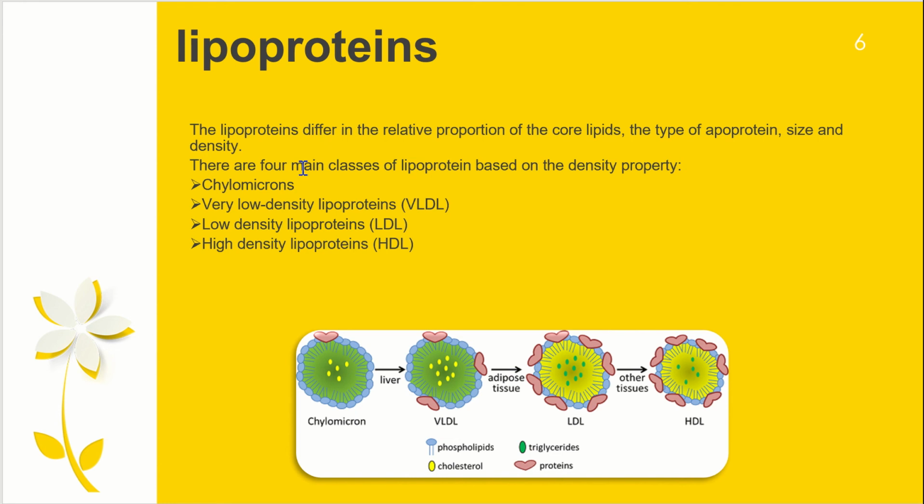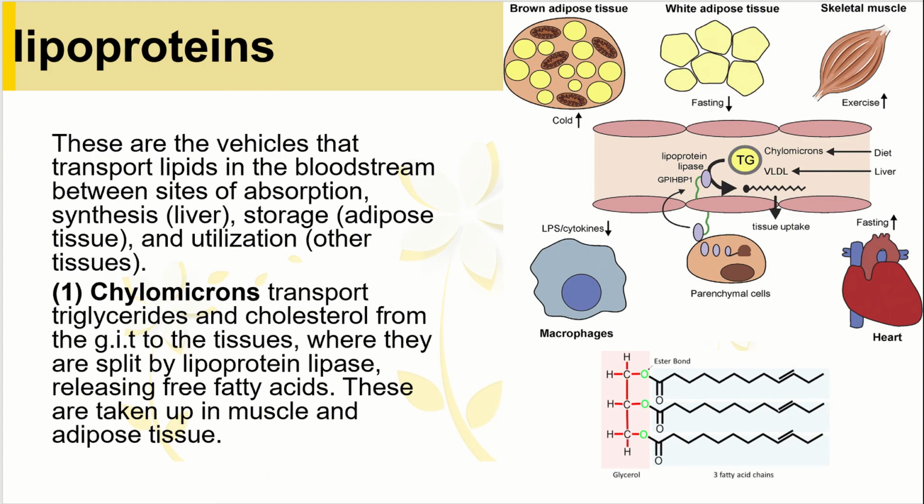These are the four main classes, and they are converted to each other based on this diagram that we see here. All right, so our lipoproteins are the vehicles that transport lipid in the bloodstream between sites of absorption, synthesis in the liver, storage in the adipose tissue, and utilization in other tissues.